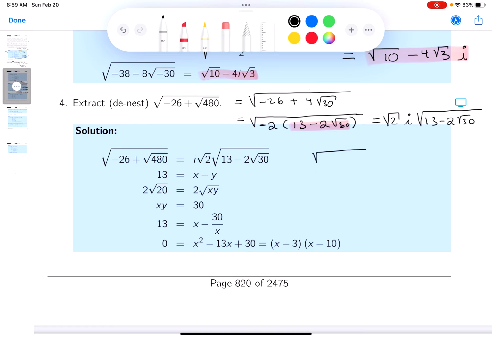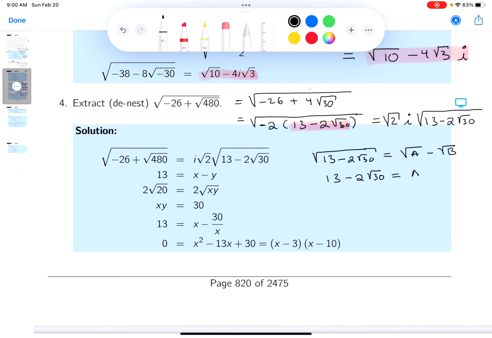So the square root of 13 minus 2 root 30, I'm going to make an assumption that this is going to be the root of a minus the root of b. I'm going to square both sides. This is going to be 13 minus 2 root 30.